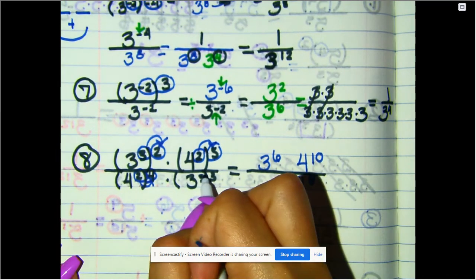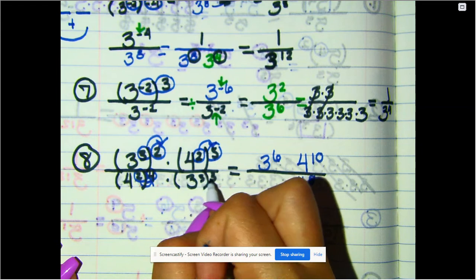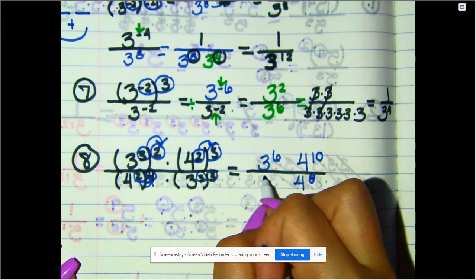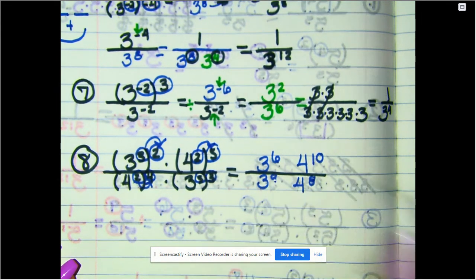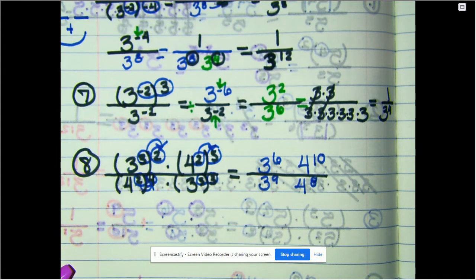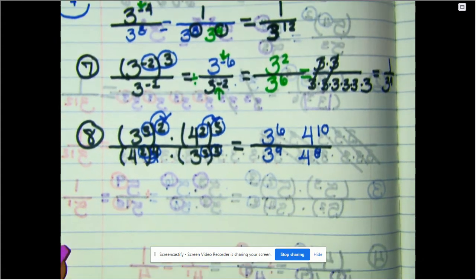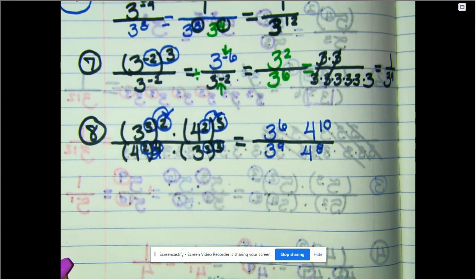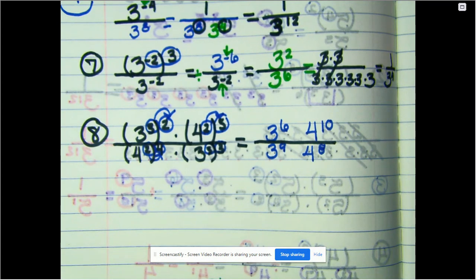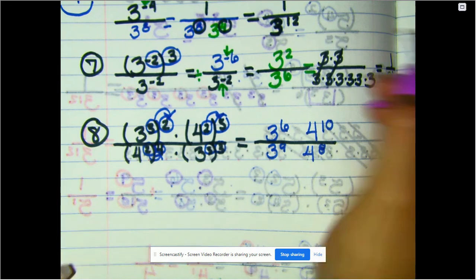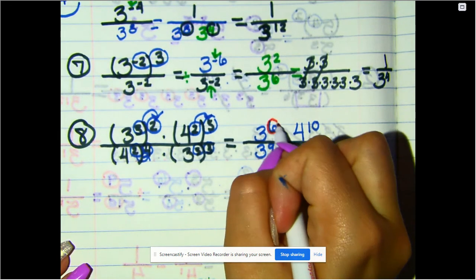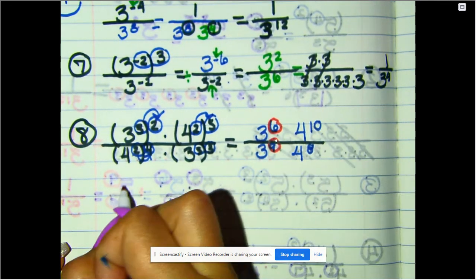And then we have 3 times 3, which is 9, and that would be 3 to the 9th power. Okay? From here, you are more than welcome to expand out your exponents. No problem with that. Or you can use your division or your quotient law. So here we have 6 minus 9, and that's 3.